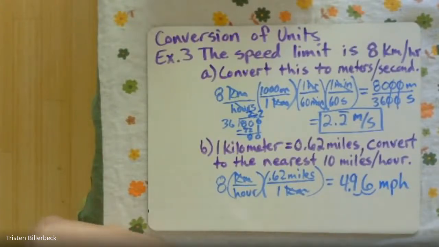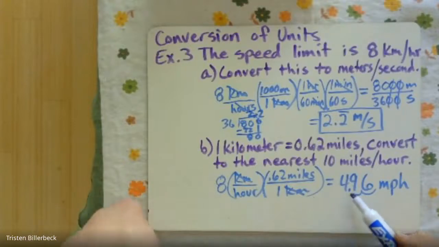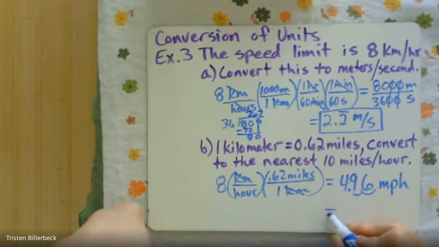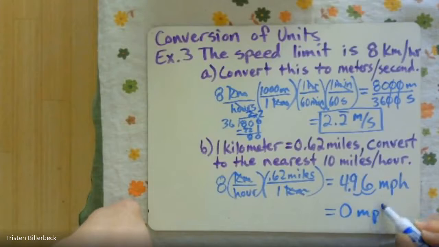Now, it did say convert to the nearest 10 miles per hour. But this is not 5 or above. 5 or more raise the score, 4 or less let it rest, because it's just under 5. So technically, if we're rounding this, we went 0 miles per hour. Can you believe that?